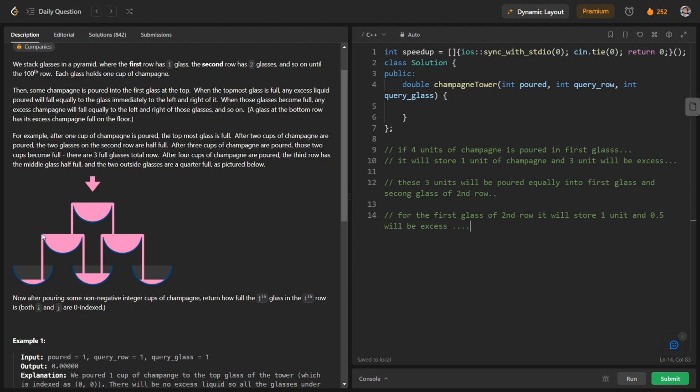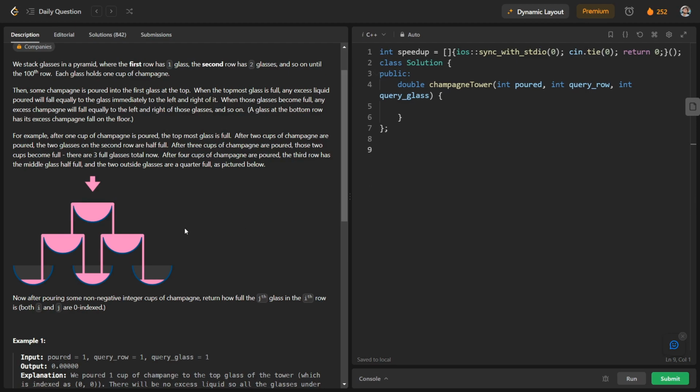You can see that if we are having 0.5 units of champagne excess in this glass, what will happen, 0.25 will be poured in this left glass and 0.25 will be poured into this right glass. And again from the right also, if 0.5 is excess, it will pour 0.25 here and 0.25 here. So that's what I was trying to explain here. So I will remove this first.